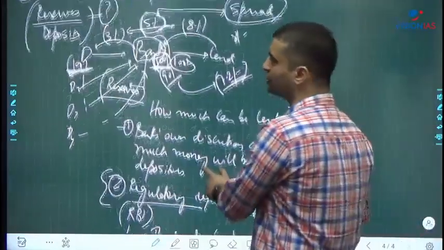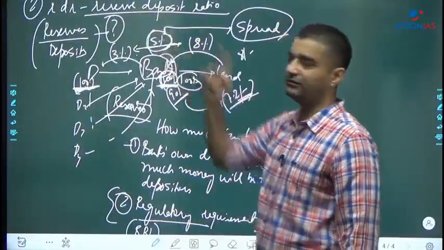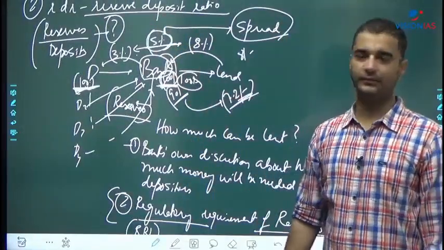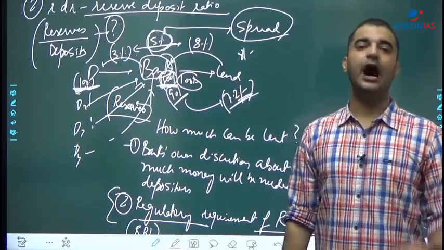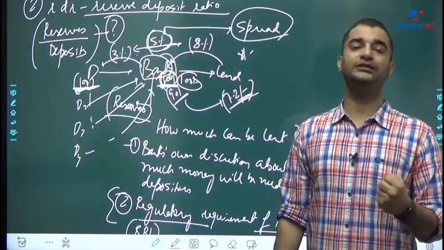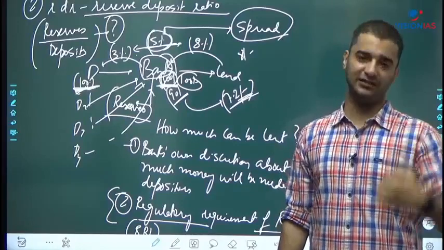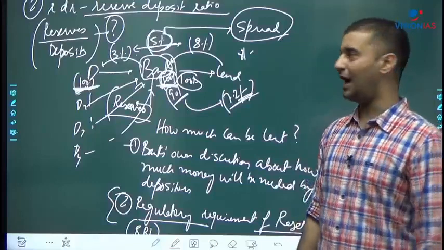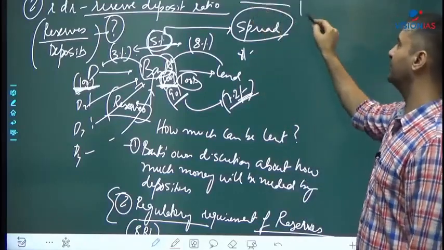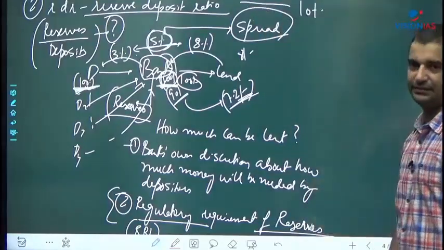This proportion is called the reserve deposit ratio. Reserves as a percentage of deposits. How much money out of deposits has to be set aside as reserves? Bank receives 100 rupees as deposits. RBI says that the reserve deposit ratio should be 10%. Meaning what?